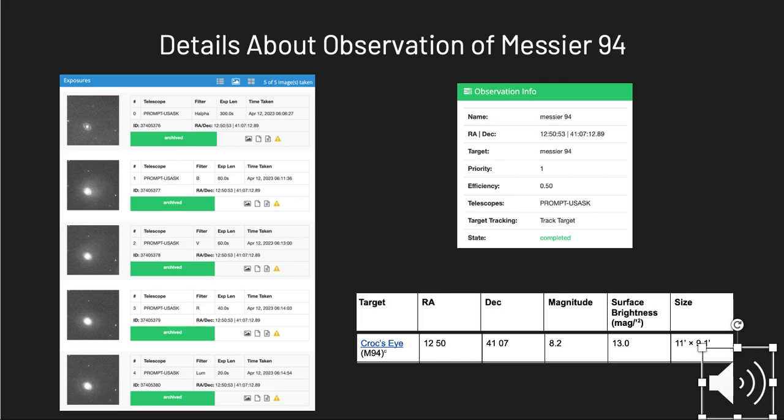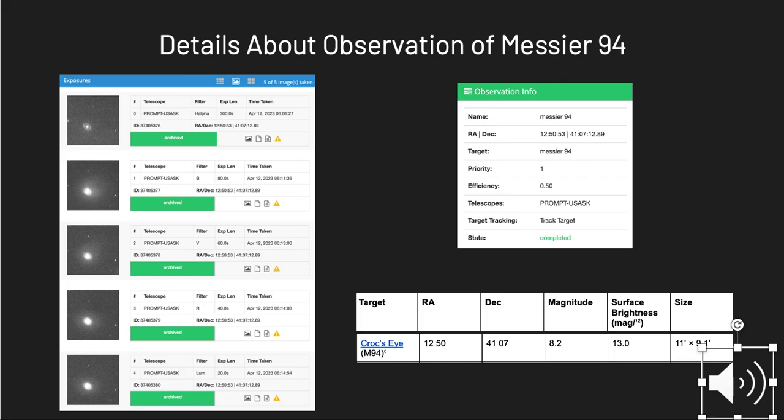But first off, let's note that on the left-hand side, the image titled Exposures depicts the 5 different images that were received back from the Prompt telescope. Here you can see that we decided to use the B, V, and R filters along with the narrowband filters of H alpha and luminance, and the whole intent was to help bring out some more of the natural colors in Croc's Eye, along with the gas and the dust that's dispersed throughout the region.